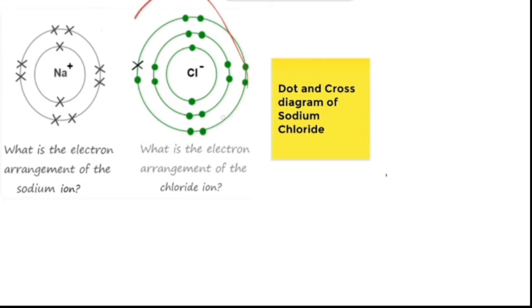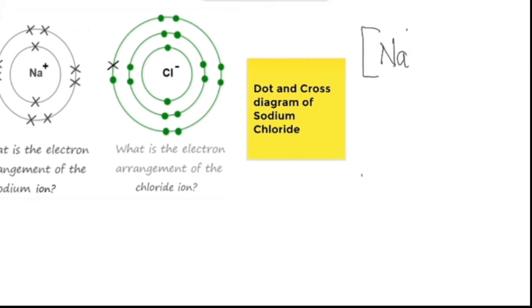I have explained this in the previous lesson, right? Sodium is forming a plus, so Na+ ion, and chloride, since it is gaining 1 electron, is forming Cl minus. So when you draw the dot and cross diagram, instead of drawing all the shells of the positive ion, you can just draw square brackets, Na, and then write a plus charge.